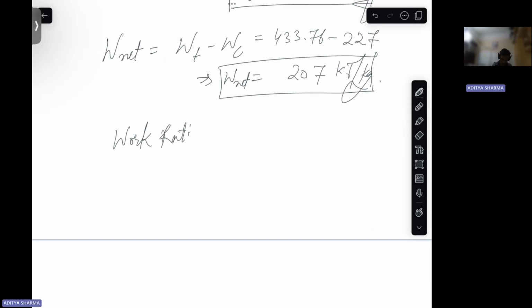Work ratio is equal to W net by WT. 207 by 433.76. So this will come out to be 0.477.